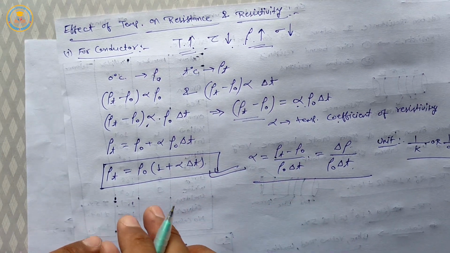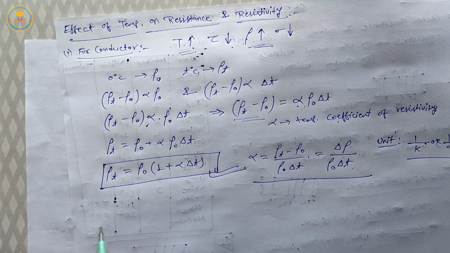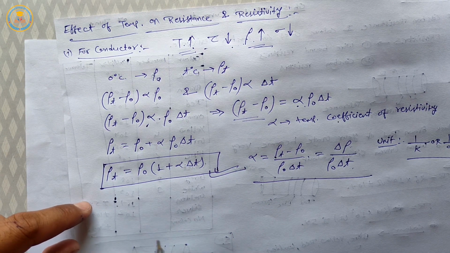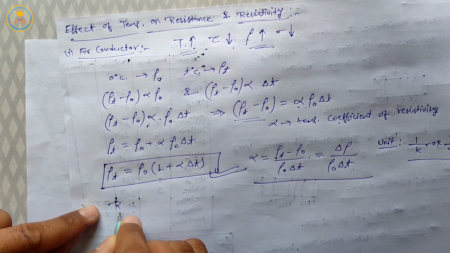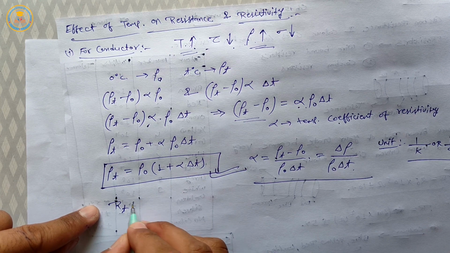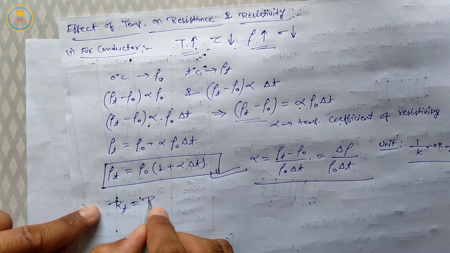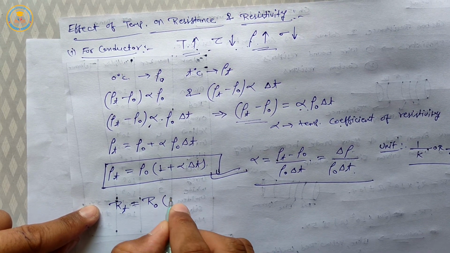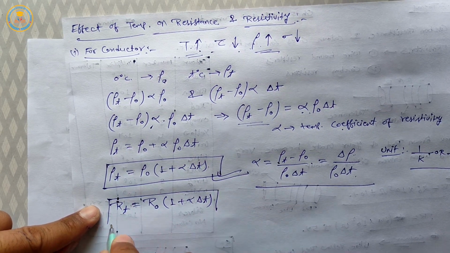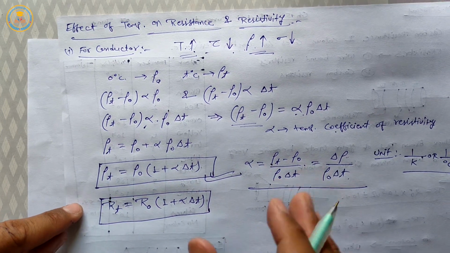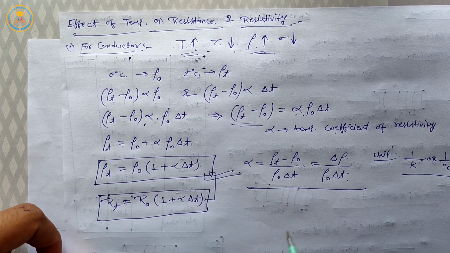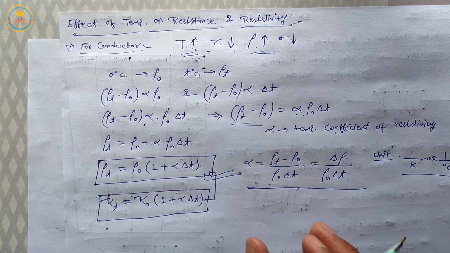Similarly, we write the dependency of resistance on temperature, where resistance is denoted by capital R. So capital R T is equal to capital R 0 times 1 plus alpha del T. This equation represents the dependency of resistance on temperature. These equations are very important for our numerical questions.